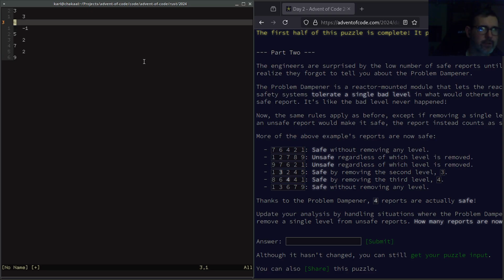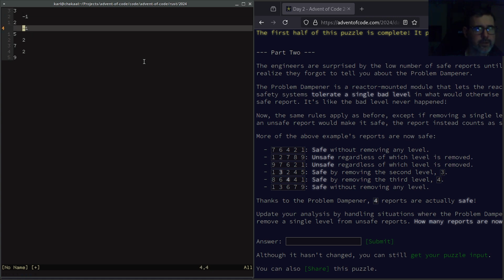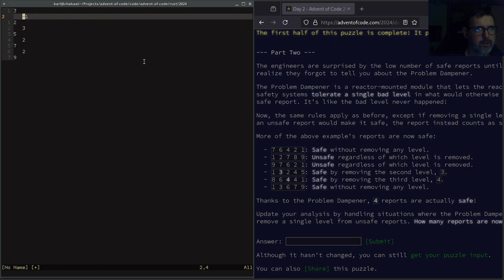But another scenario we could have is this, where the magnitude here is -1, but here it's 3. And if we knock out this first one, this makes the report good.